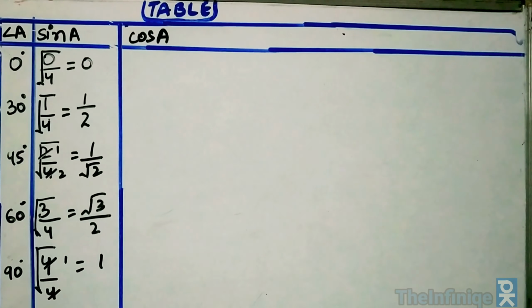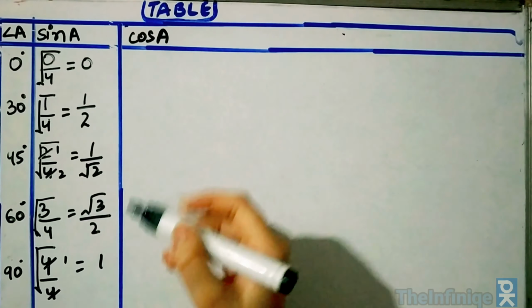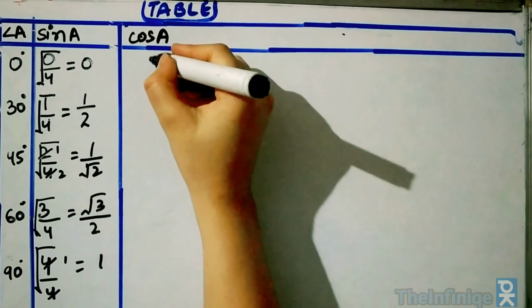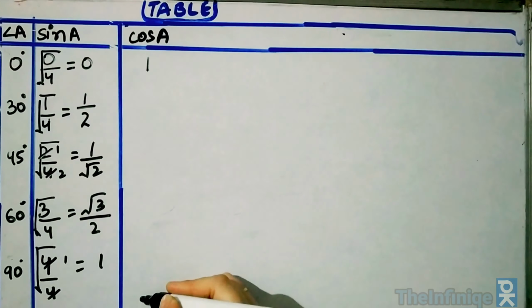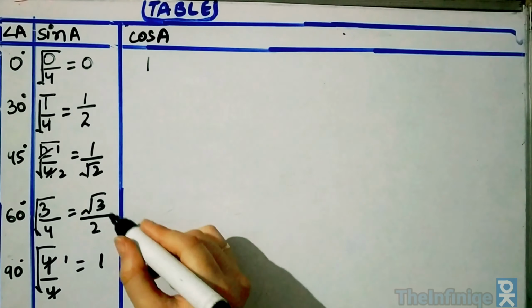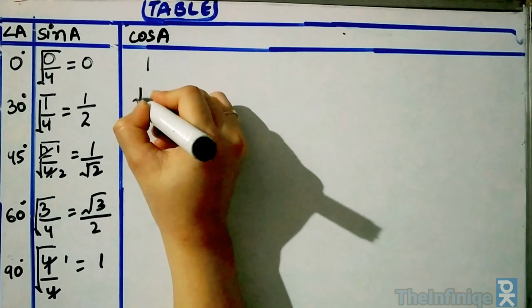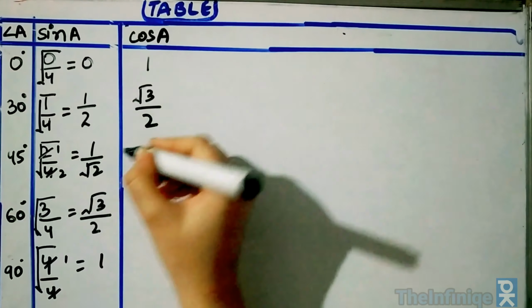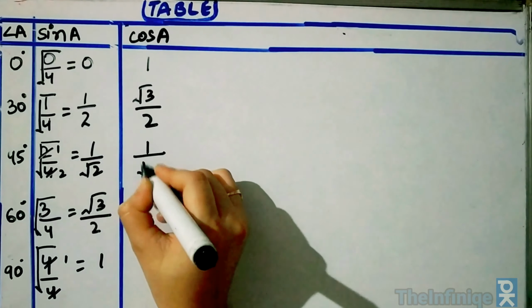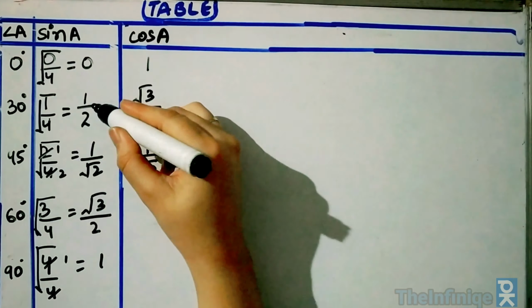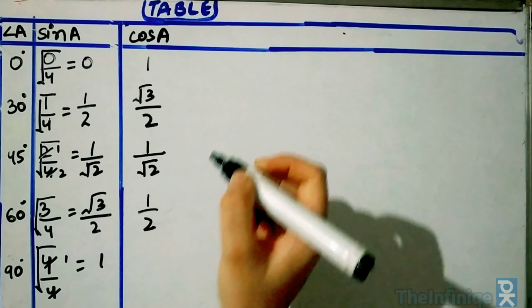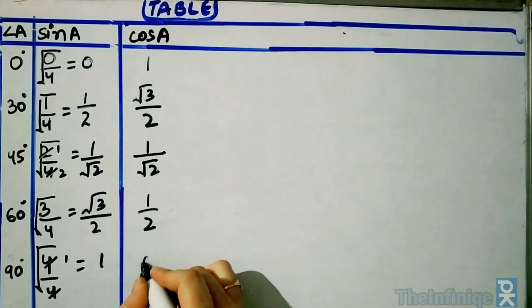For cos A, we will reverse this. Therefore, cos 0 is 1. Cos 30 degree is root 3 by 2. Cos 45 degree is the same, 1 upon root 2. Cos 60 degree is 1 by 2. And cos 90 degree is equal to 0.